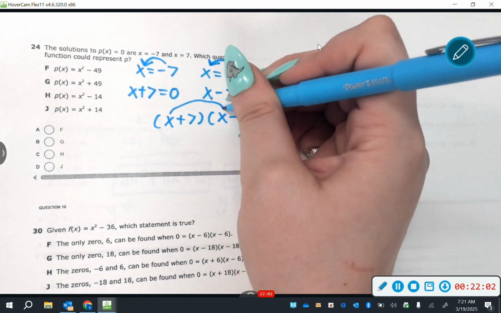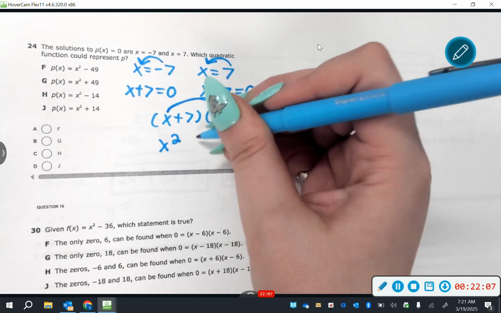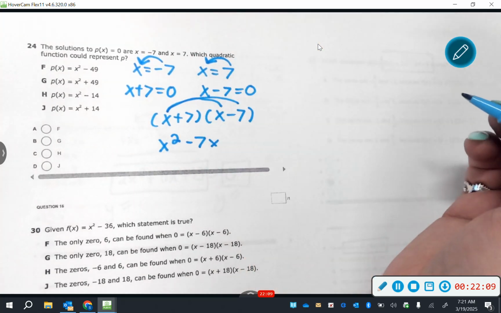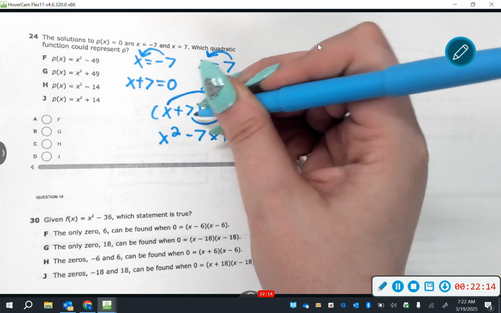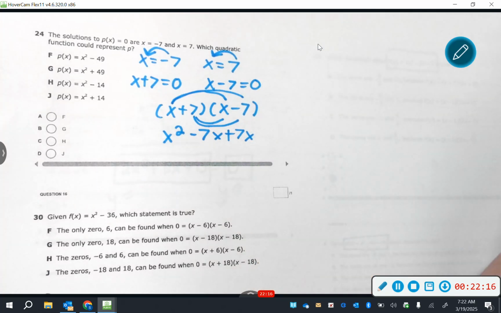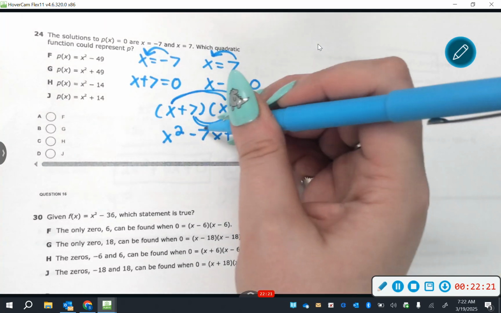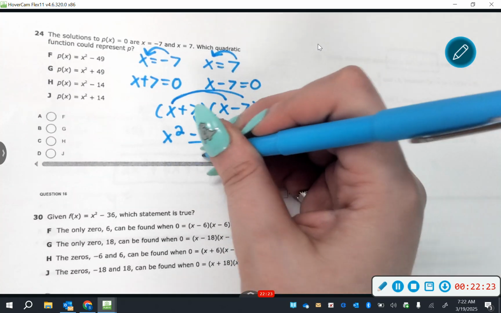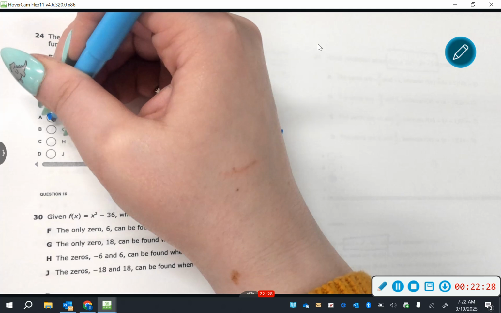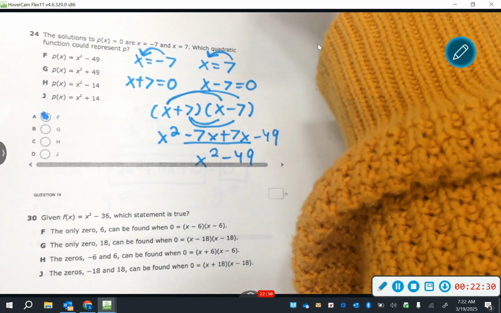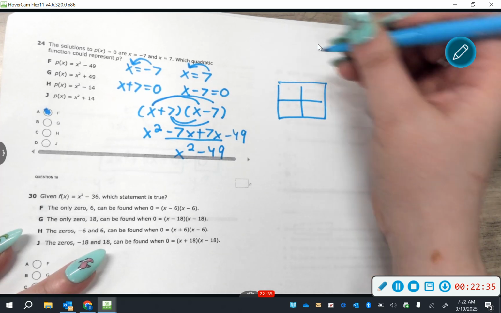If you're a FOIL person, x times x is x squared. X times -7 is -7x. 7 times x is positive 7x. Positive 7 times -7 is -49. Combine your x's. We would get x squared minus 49. My answer is F. If you are someone who likes to box, let me go ahead and box that for you real quick.